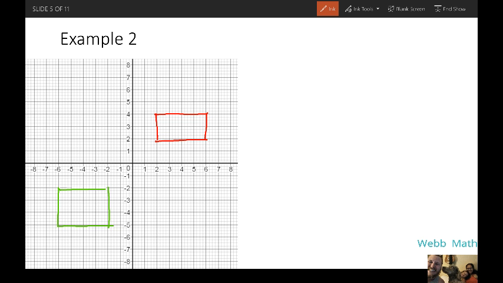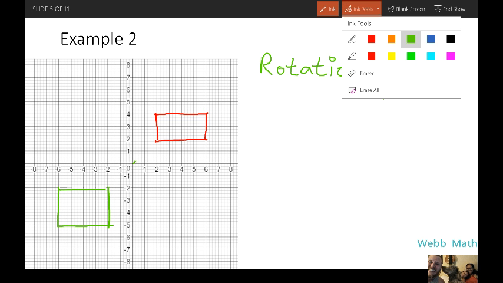Okay, something happened. We rotated. It looks like a rotation at the origin by 180 degrees. Okay, but are they similar?